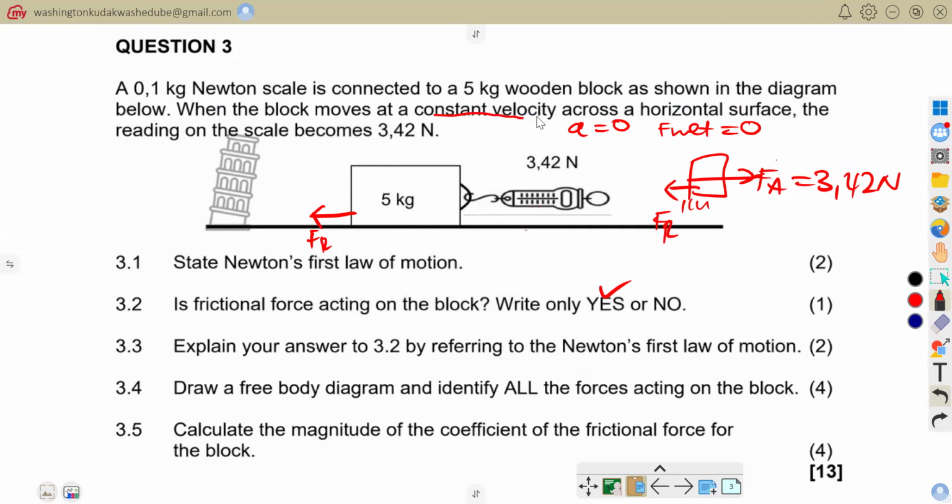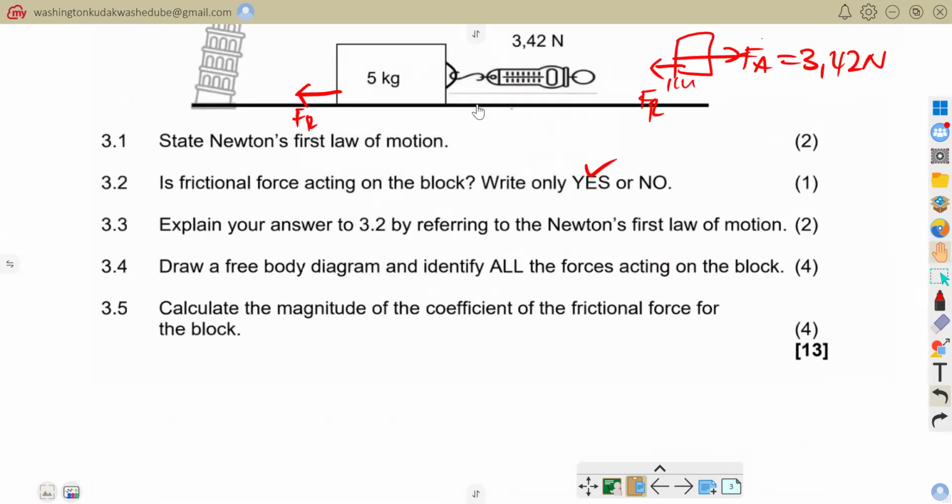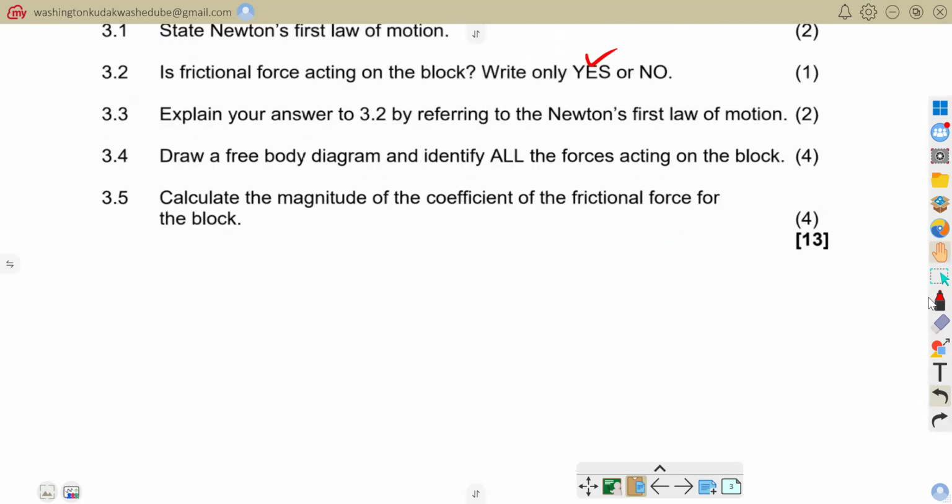Now they are saying explain your answer to 3.2 by referring to Newton's first law of motion. Like I've been explaining, an object will remain at its state of rest unless a net resultant force acts upon it. Here the net resultant force is equal to zero. So how would you have explained this? Let me push this upward and explain here.